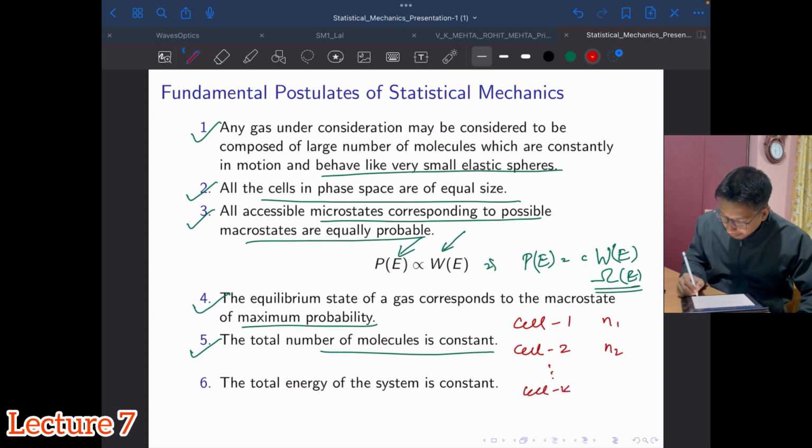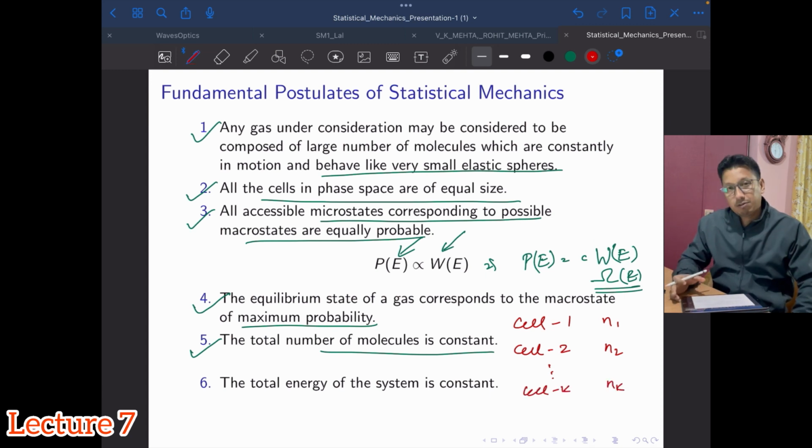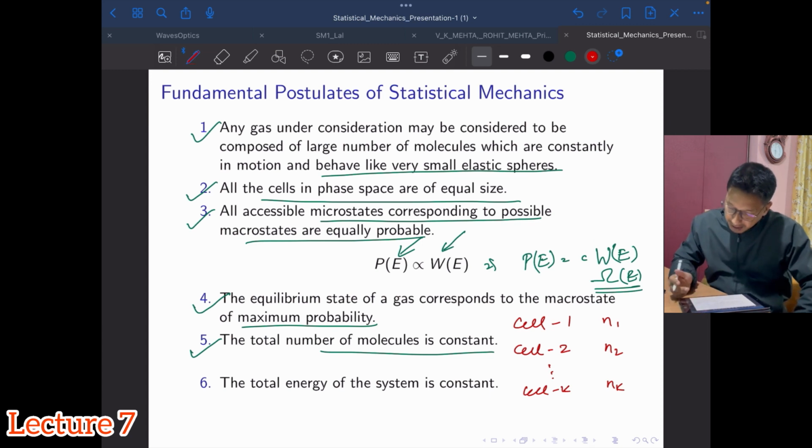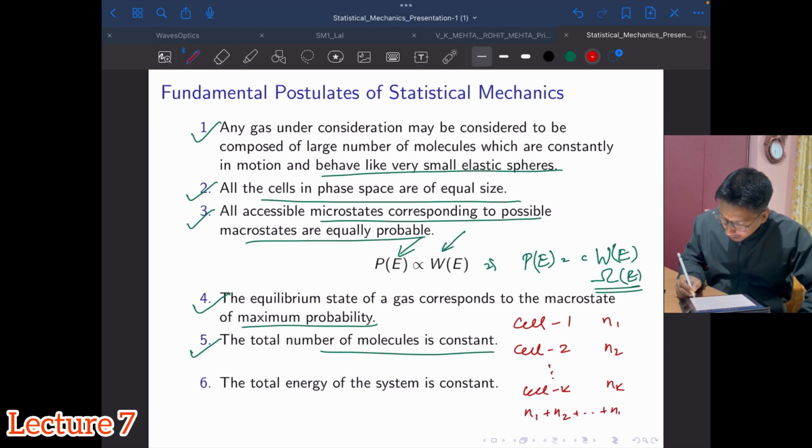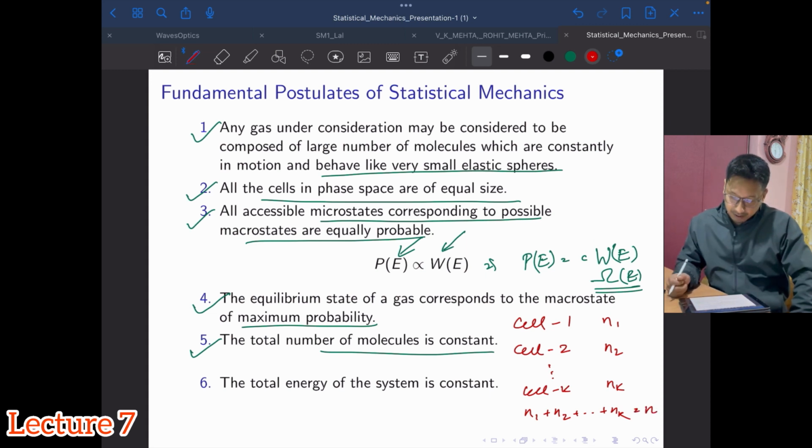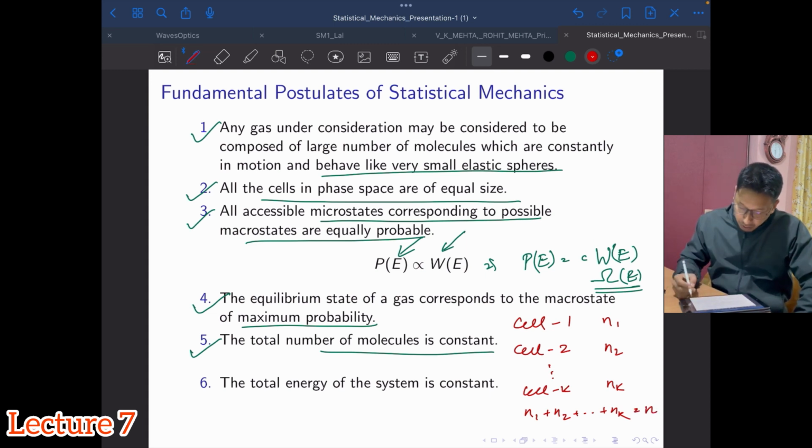Let's say there are k cells in the phase space, with nk particles in cell k. The total number of particles is n1 plus n2 all the way till nk, and let's say the total number of particles is N. This number is constant.